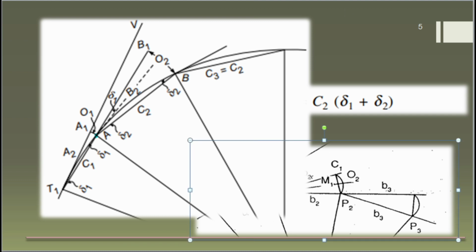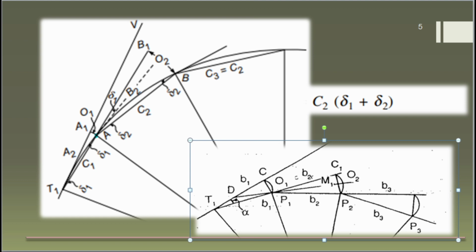Let me see if I can do something a little bit different in this figure. Yeah, that can be more visible. So in a representation of a diagram like this, it's more clear. So this is the tangent. The tangent was produced straight from the first tangent point from T1 found there.